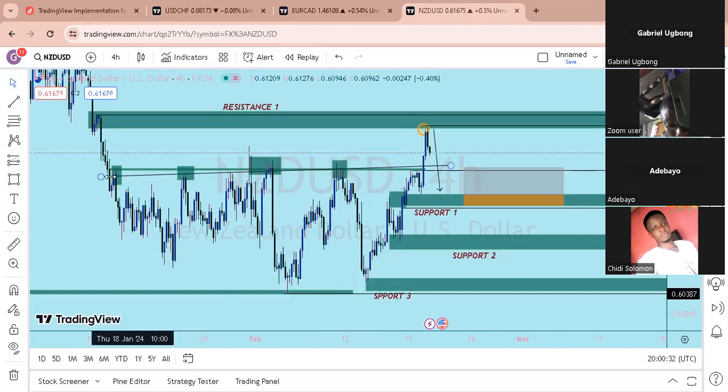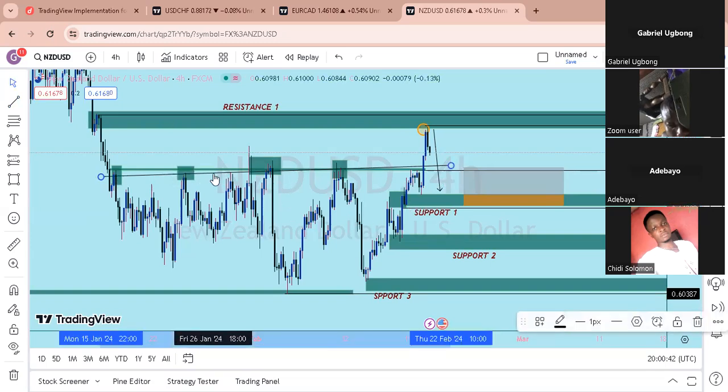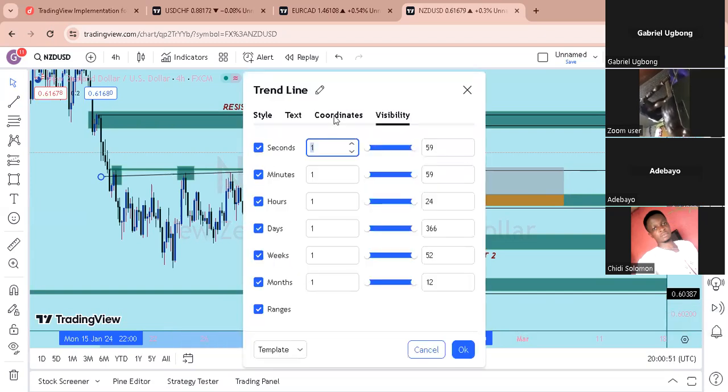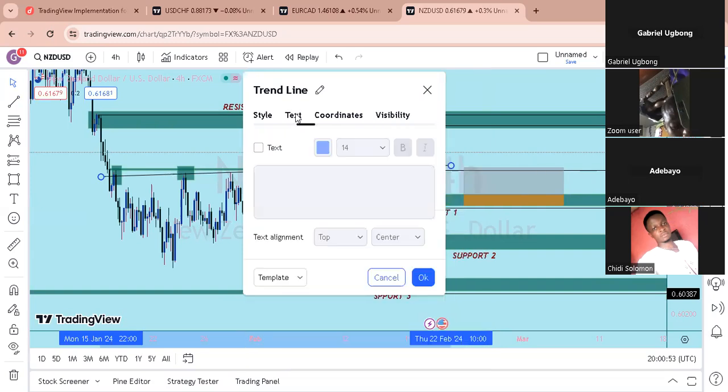So we've drawn our what? Resistance trend line. That's called the resistance trend line. How do we write on that trend line and call it resistance trend line? This is TradingView. That's why I say that it's advanced. Once we click on it, we just click on text and then enable the text mode.